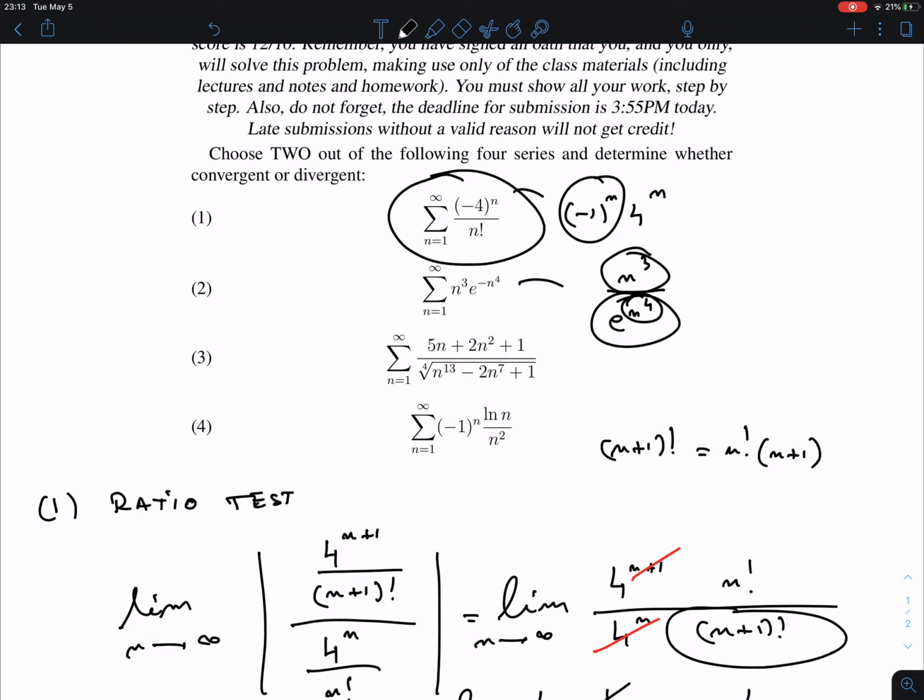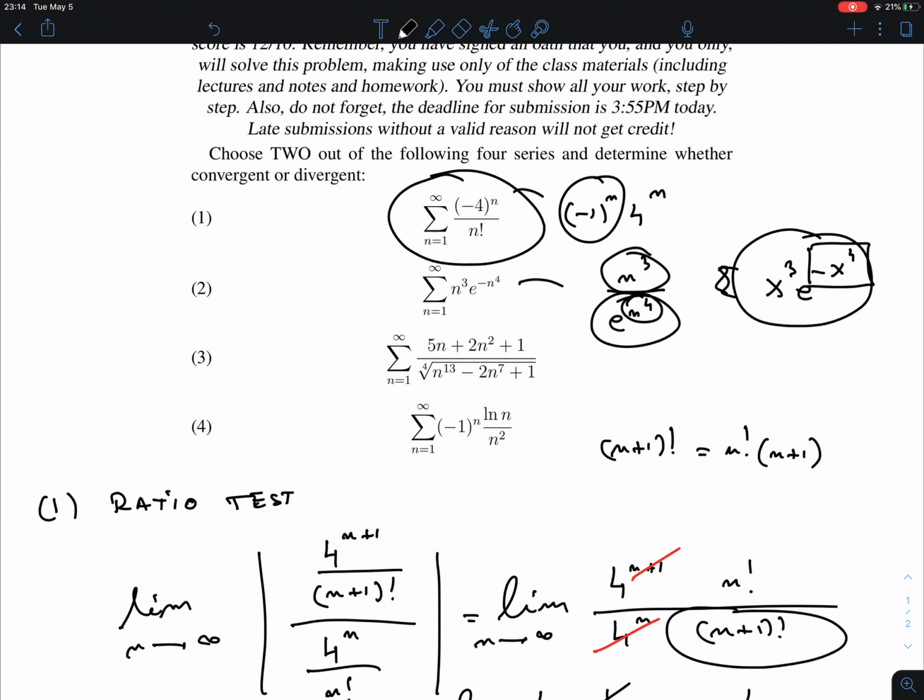Although it's not the first test I would think about, I just think, well, if I think of this as x cubed e to the minus x to the 4th, this is something that I can integrate. Because, with what? Not integration by parts. Because, why not? Because then it should be a simple power of x here. Perhaps 2x, perhaps minus 5x, but that's it. Not x to the 4th.